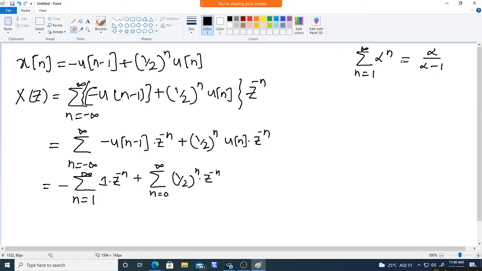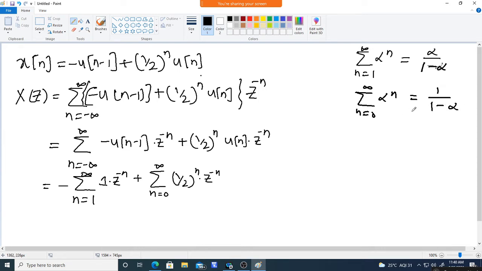Similarly, summation n equal to 0 to infinity alpha power n is equal to 1 over 1 minus alpha.